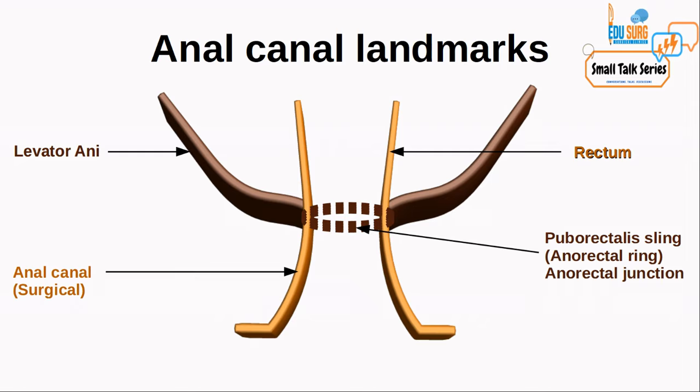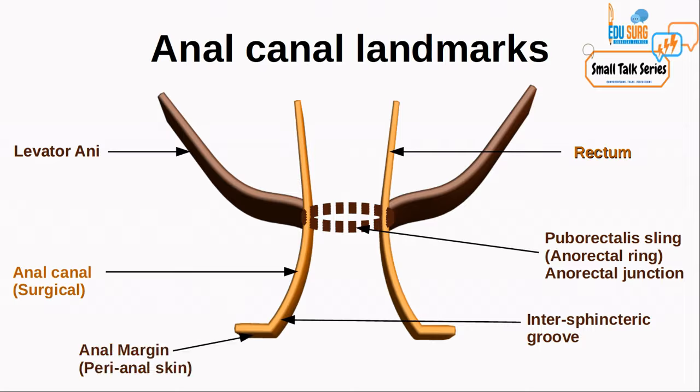So now when we see the anal canal landmarks, we know that the surgical anal canal begins when the rectum crosses the anorectal ring, which is the anorectal junction, and now the intersphincteric groove is the region which marks the anal verge, which ends where the perianal skin begins.